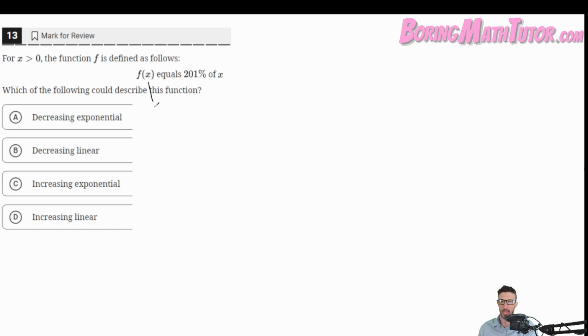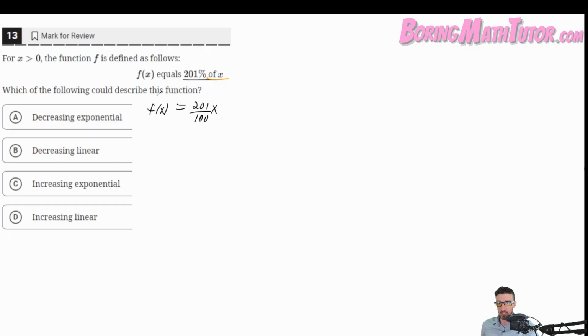I'm going to rewrite what they have by writing f of x equals, and then 201% is the same thing as 201 over 100. And when they say of x, well, that means you can just put times x, or just put the x right next to it. So 201 over 100 times x. So is this decreasing, or is it increasing? Is it linear, or is it exponential?